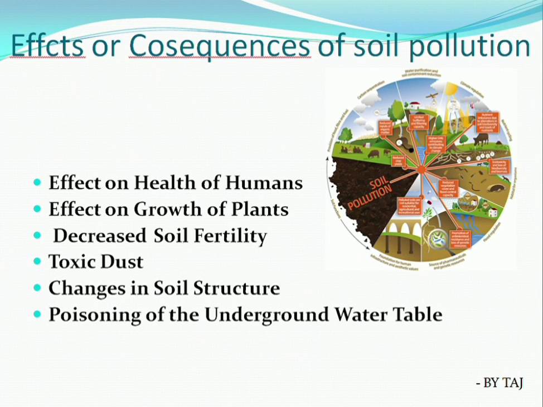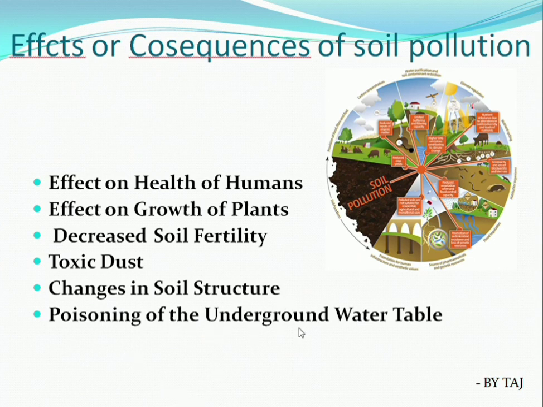But if the soil is polluted, you can't get healthy plants. So decreased soil fertility, as I said, because of overuse of fertilizers, soil fertility will diminish. Toxic dust also will happen because of soil pollution. Changes in the soil structure will also occur because of this soil pollution.